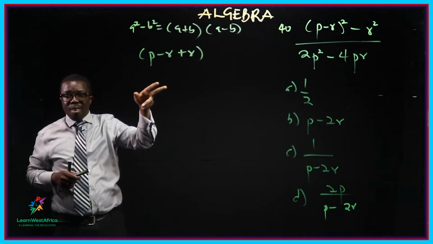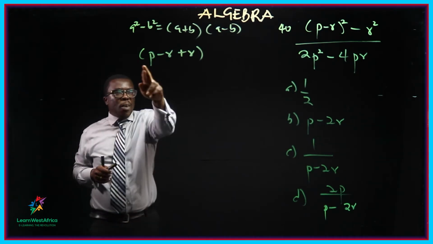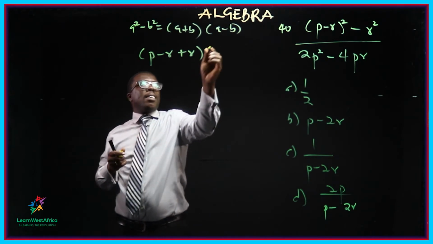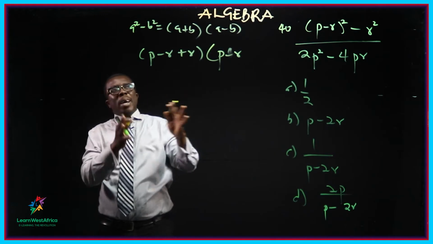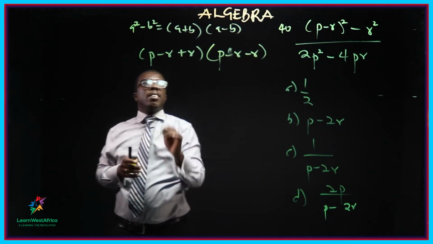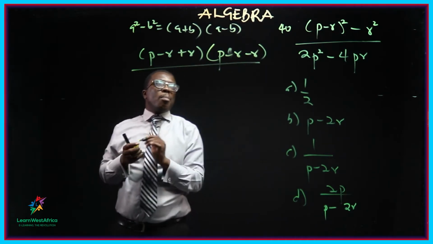So watch it. Our a plus b is p minus r plus r, and the other bracket is p minus r minus r. That's our numerator.